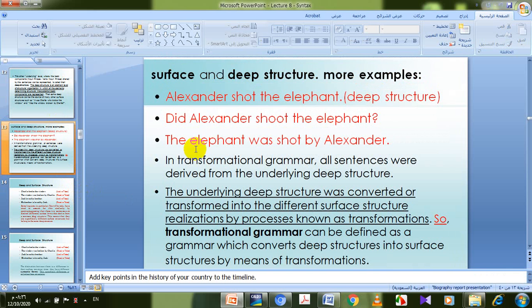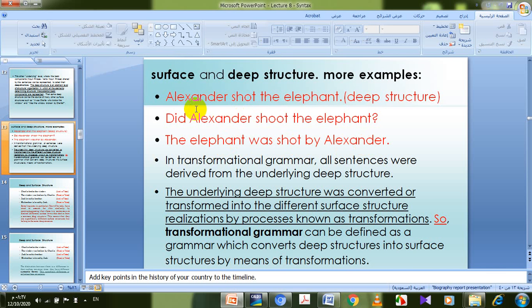Here we have other examples of surface and deep structures. More examples: Alexander shot the elephant. This is the deep structure. Did Alexander shoot the elephant? The elephant was shot by Alexander.